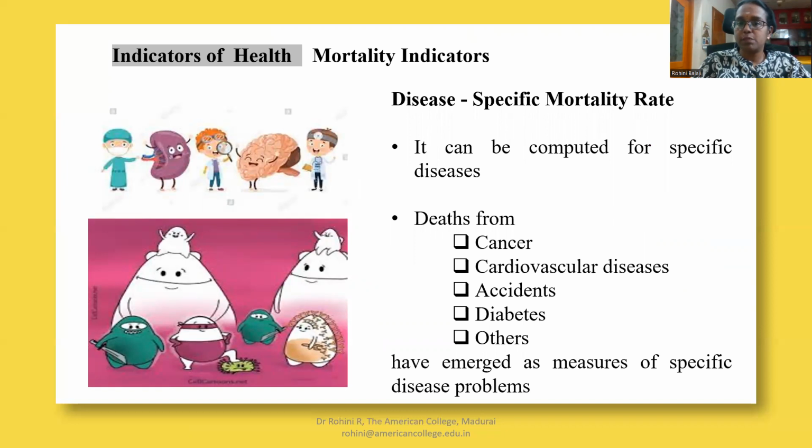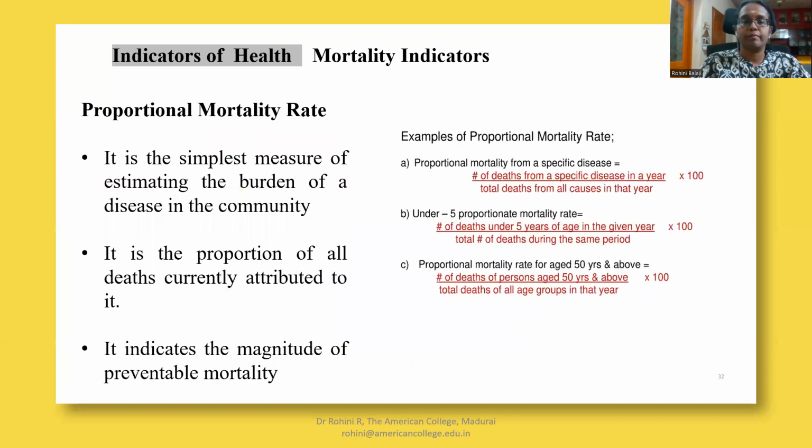And the disease-specific mortality can be computed for specific diseases. The deaths which occur due to a few diseases, such as cancer, cardiovascular disease, accidents, diabetes, or any other diseases, have emerged as measures of specific disease problems.